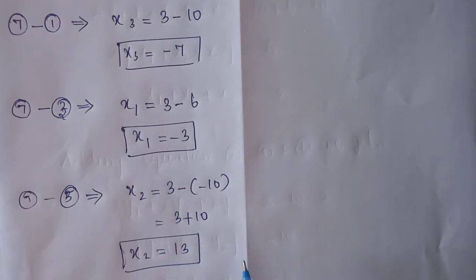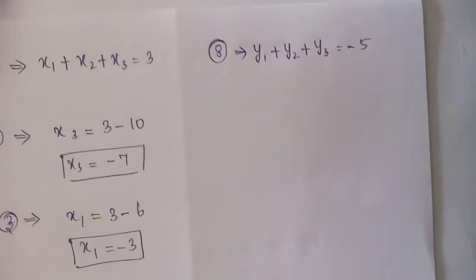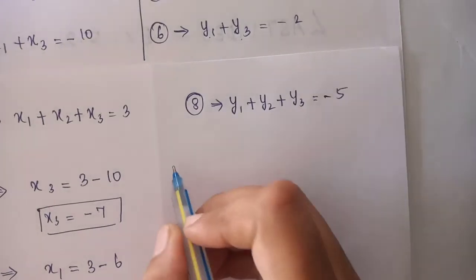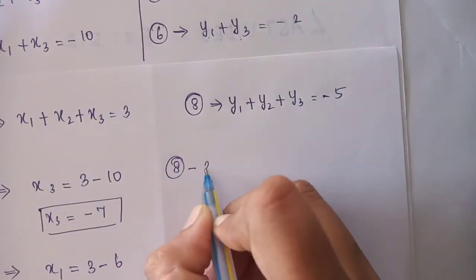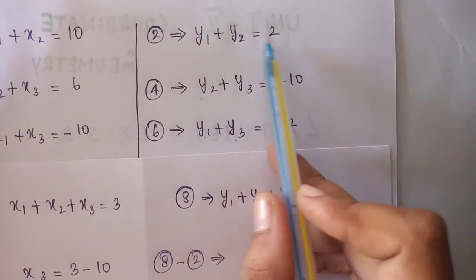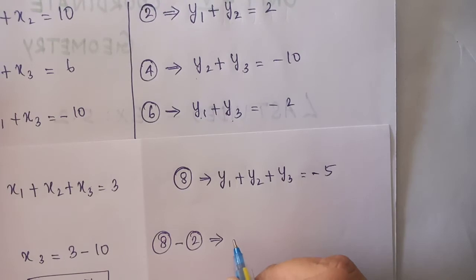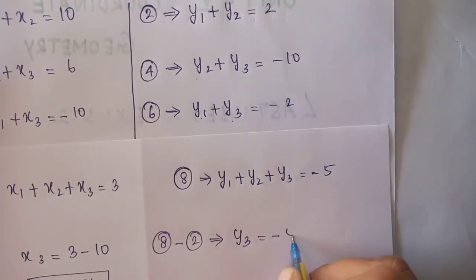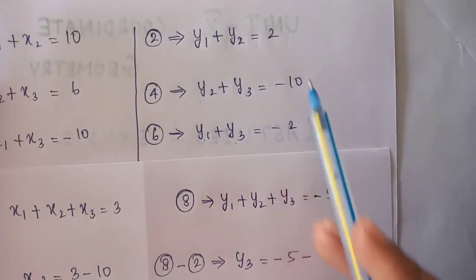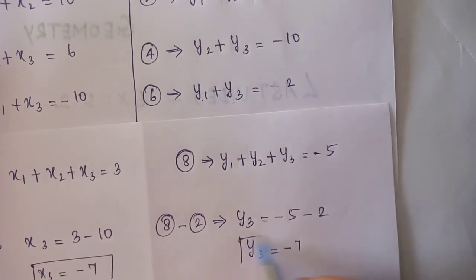Similarly, by using the same method, we are going to find the values of y1, y2 and y3. Equation 8 minus equation 2, where equation 2 is y1 plus y2 is equal to 2. So y1 and y2 get cancelled, which implies y3 is equal to minus 5 minus 2. So the value of y3 is equal to minus 7.